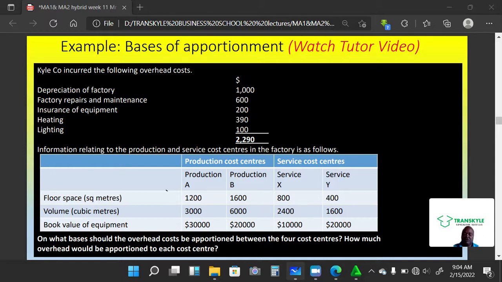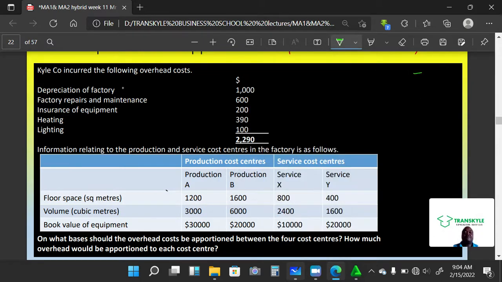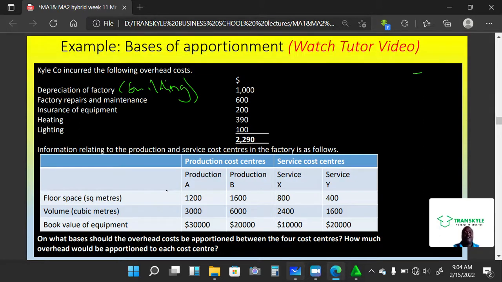Let's consider this one a building. All right, depreciation of factory. Obviously, the fair basis there should be floor space.